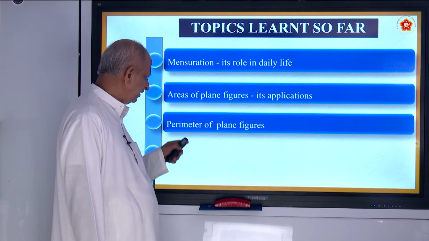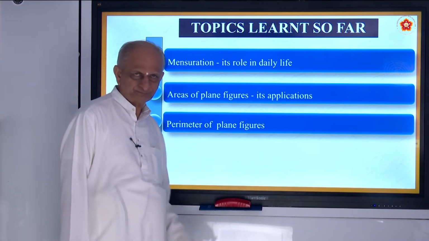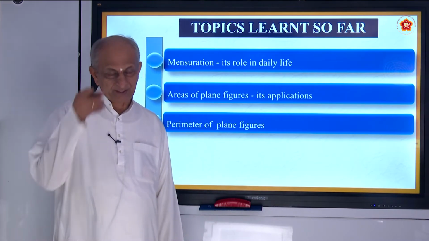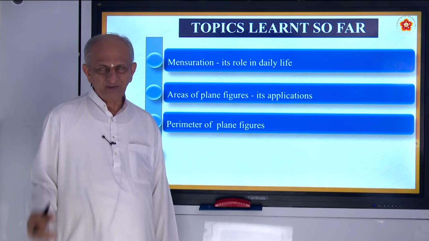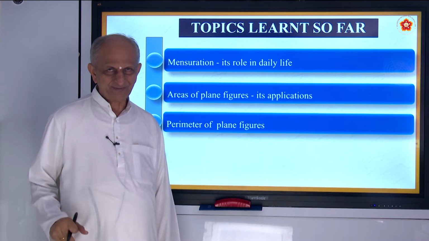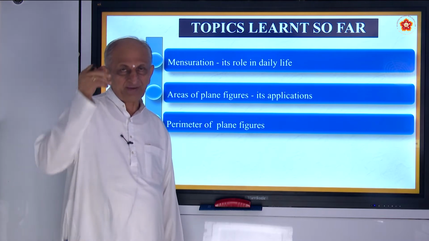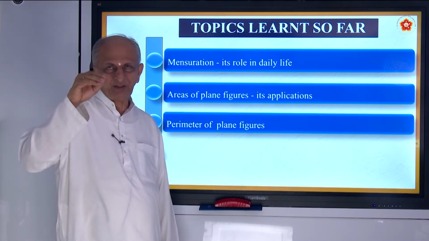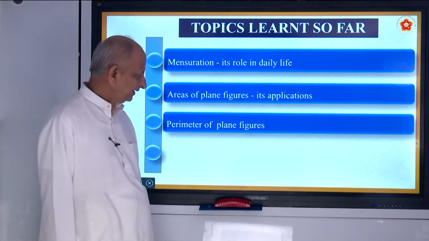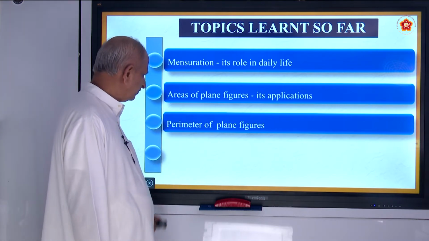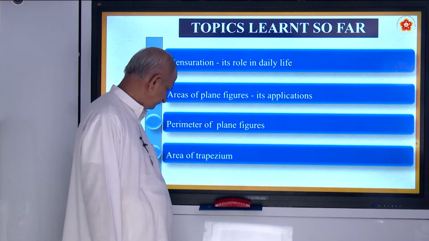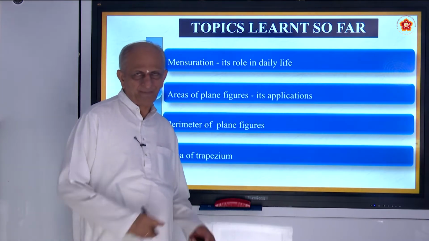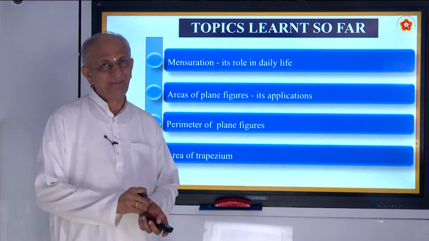This area is a very important concept. And as the area, we have got perimeter also of plane figures like square. What is the perimeter of a square? 4 into L, 4 into side. Perimeter of rectangle, 2 into L plus 2B, correct? Like that, we have also studied about perimeters of plane figures. And lastly, we stopped with the area of trapezium.